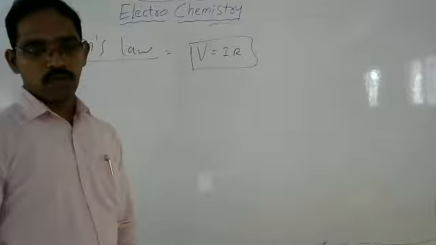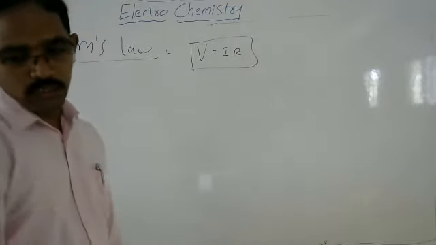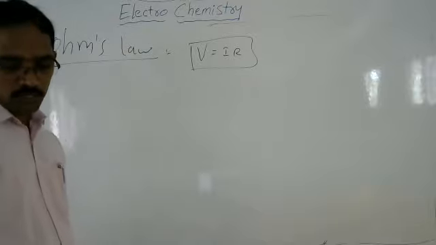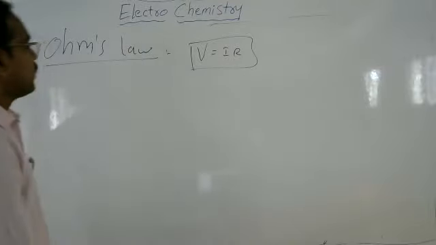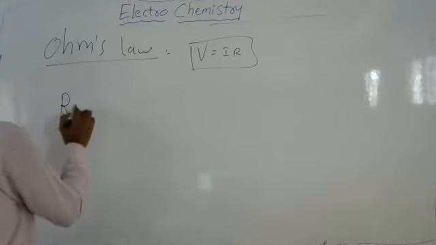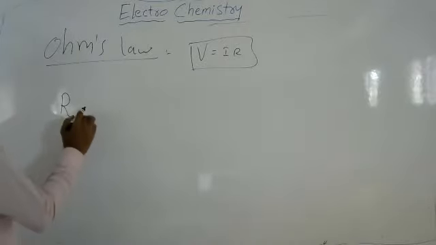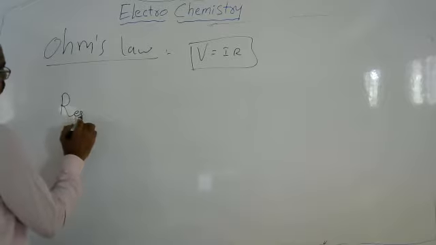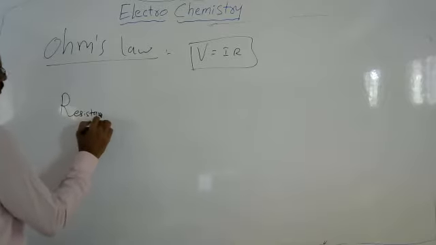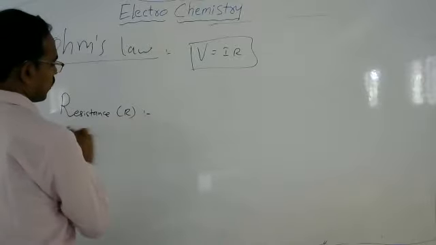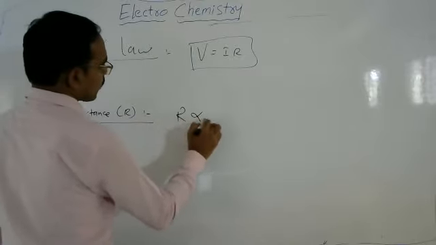Voltage equals I, the current, R is the resistance. Yes, V equal IR, you learned that in physics. Now here R is the resistance. R is directly proportional to L.